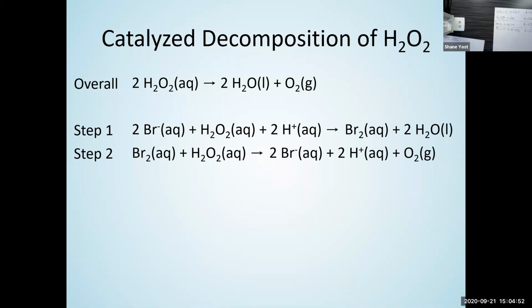If you have a slow step preceded by a fast equilibrium step, then you can use the equilibrium constant, products over reactants and things like that, to get out intermediates. Those things involve stuff that we haven't talked about yet, or, for the steady state approximation, math and other things beyond what we're doing.